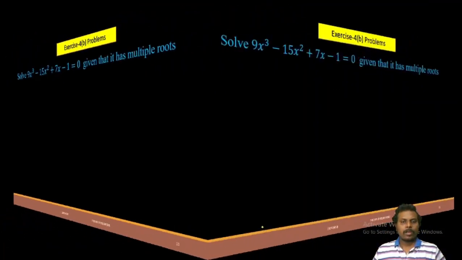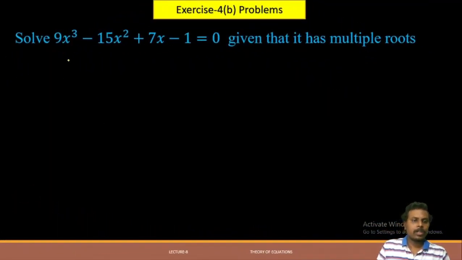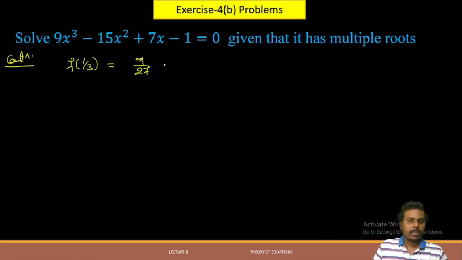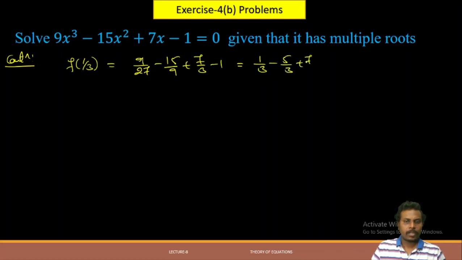So f at 1 by 3 is equal to 9 divided by 27 minus 15 divided by 9 plus 7 divided by 3 minus 1, that is equal to 1 by 3 minus 5 by 3 plus 7 by 3 minus 1, which is 1 minus 5 plus 7 minus 3. So that is equal to 0.